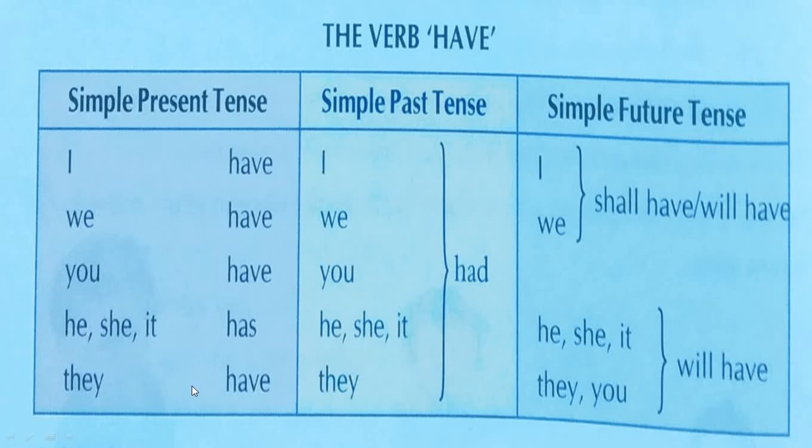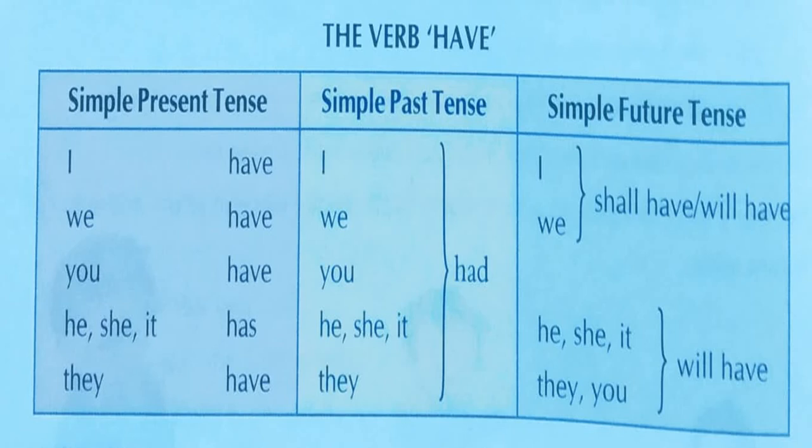They have. For past tense, no problem. For has, also the past form is had. Have also, the past form is had. So I had, we had, you had, he had, she had, it had, they had. And in the future tense, we use the main verb form, have, and we add will or shall.